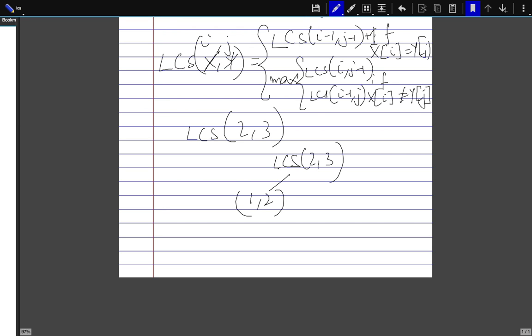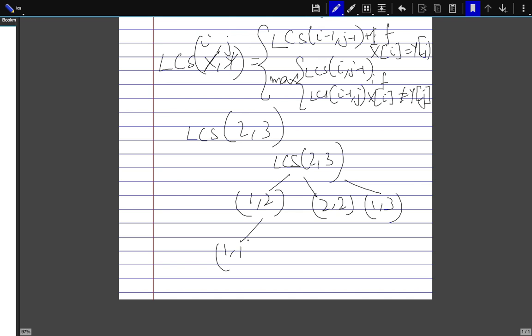I'm misusing notation here, and I'm not writing LCS, but it should be LCS(1, 2). I guess I'm just too lazy. Or it could be max of (2, 2) and (1, 3). Beyond that, it could be (1, 1).